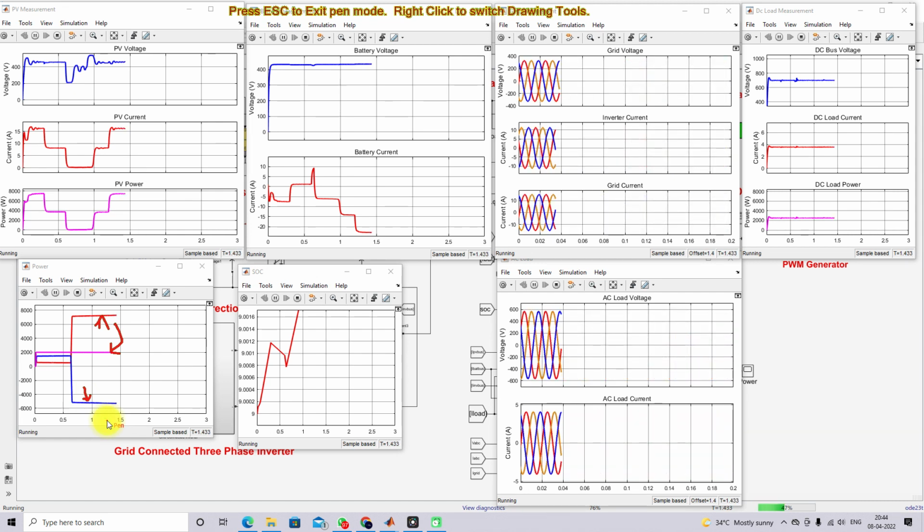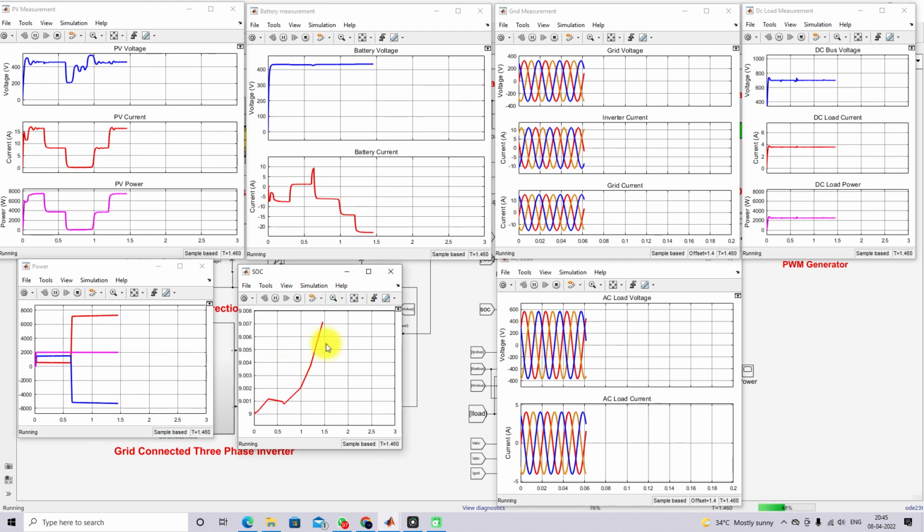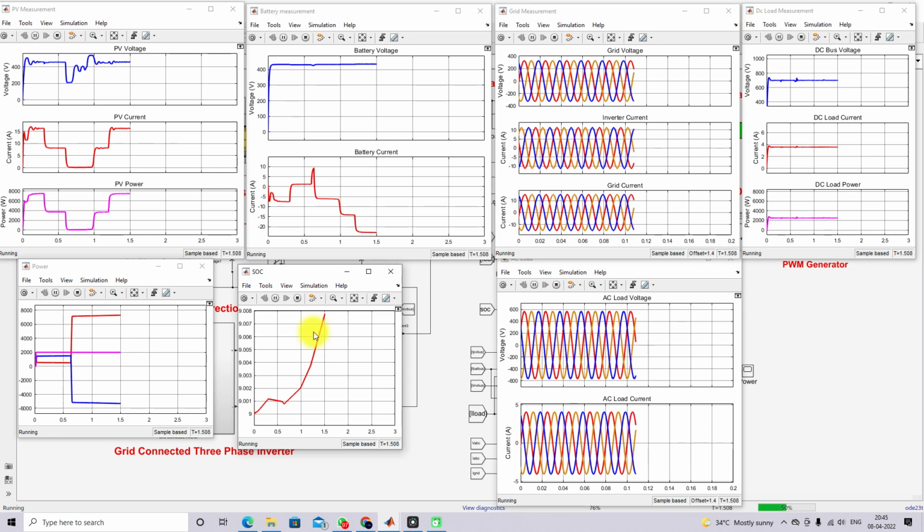We are getting power from the grid to charge the battery, because the battery SOC is 9 percent only, and the PV power is only around 7500. Since the battery has low SOC, in order to charge it we are getting the power from the grid.